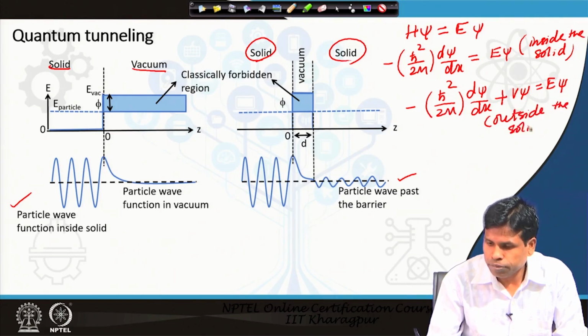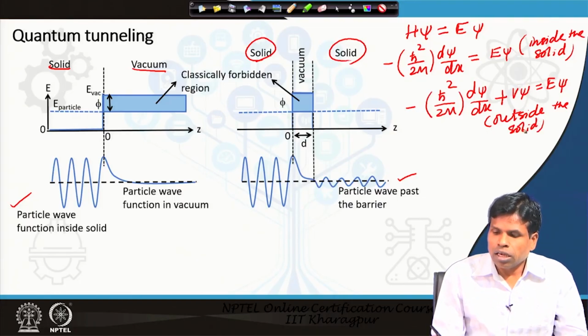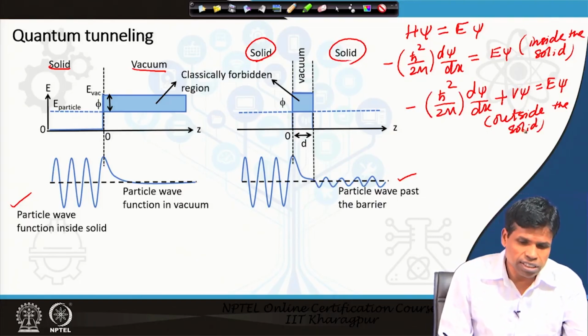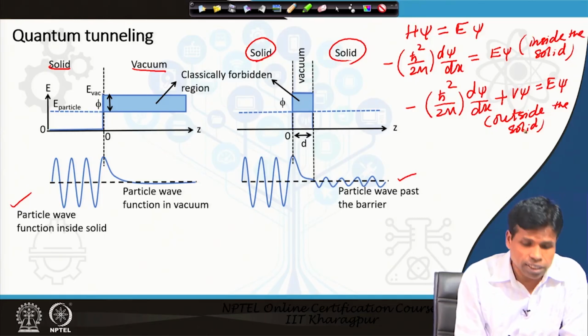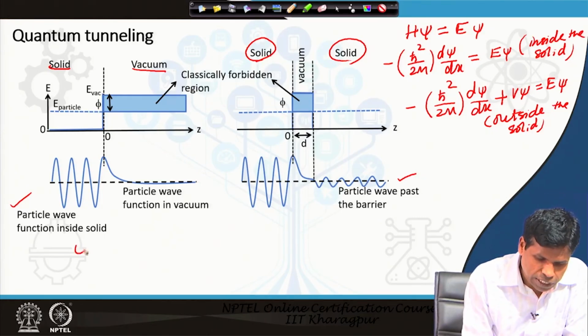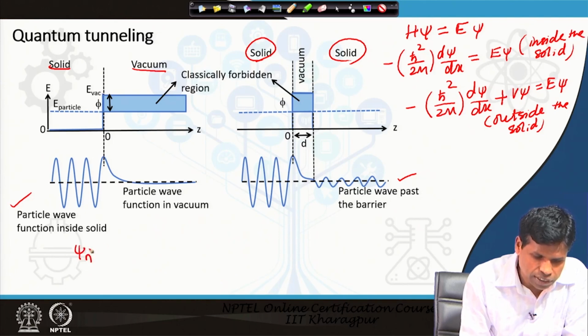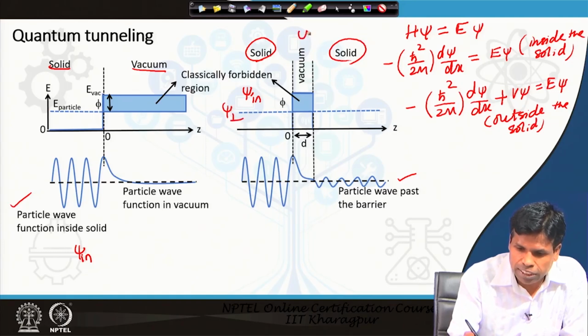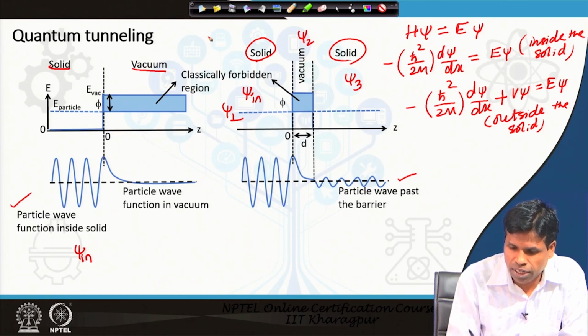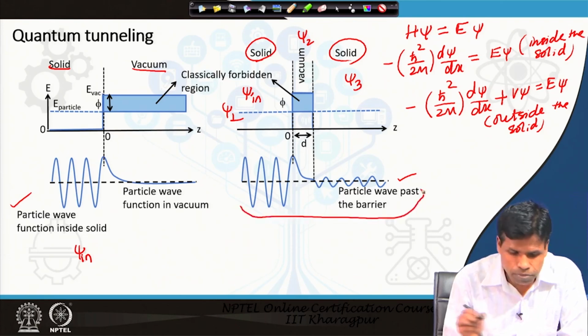These equations have solutions. Let us say inside the solid this is psi 1, this is psi 2 and this is psi 3. This is how the phenomenon works in our STM.